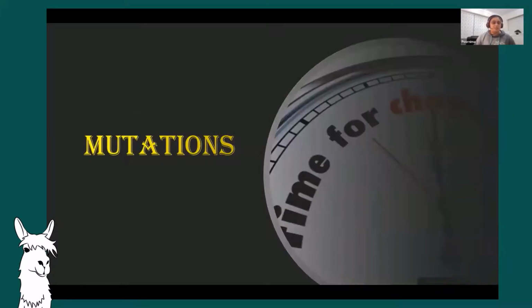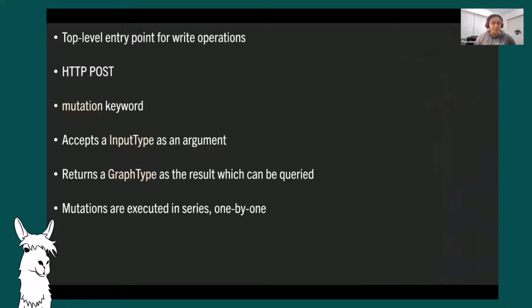So mutation is the top level entry point for write operations. And again, it happens over an HTTP post. The mutation keyword is the keyword for sending in the mutation query. And mutation always accepts an argument. It accepts an argument of input type, which is again a special GraphQL type.